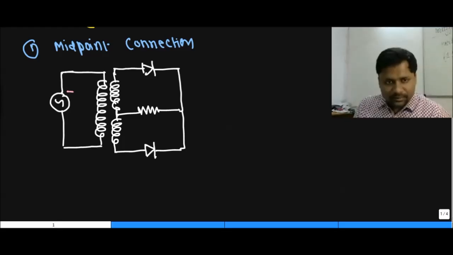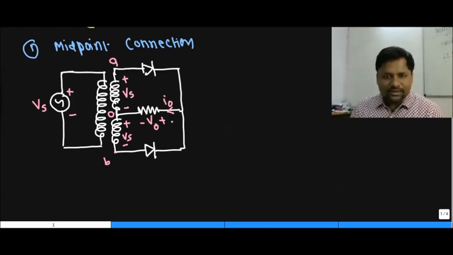The basic important thing in order to learn this is the convention for the polarity. Here I am saying that this is the supply voltage Vs. This point is A, this point is O, and this point we are taking as point B. We are assuming that during the positive half cycle this is Vs. On the load side we assume plus and minus for the DC voltage V0, and the current is entering like this.